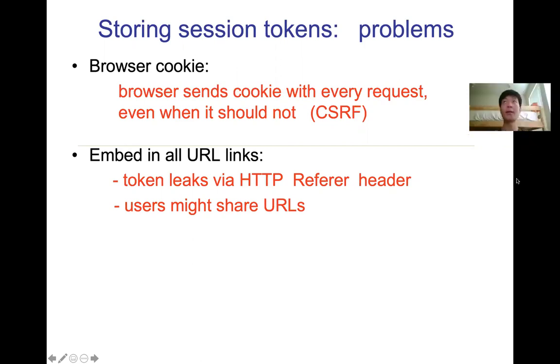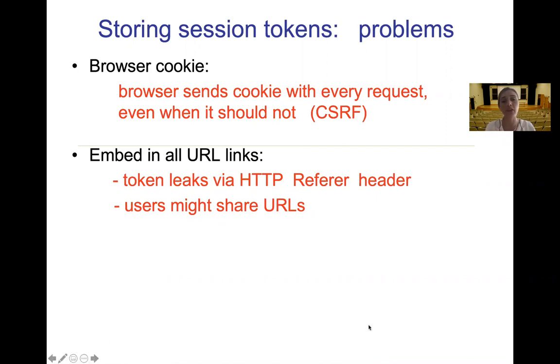Oh, sorry. So when I'm on the bank.com website, and I click on, I don't know, the weather channel or something, when I go to the weather channel, my browser automatically says I was on the bank.com website before I went to the weather channel. So there's the referrer header that says where I was before I went to the weather channel.